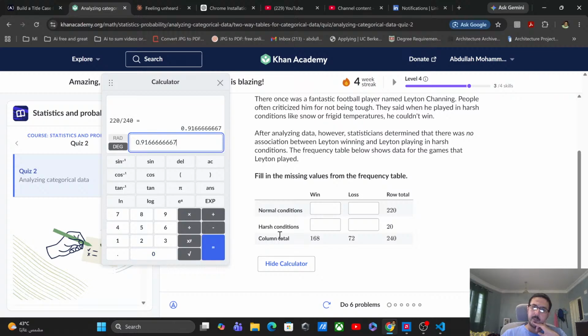That's 91, so there's a 91% here divided by the 2.